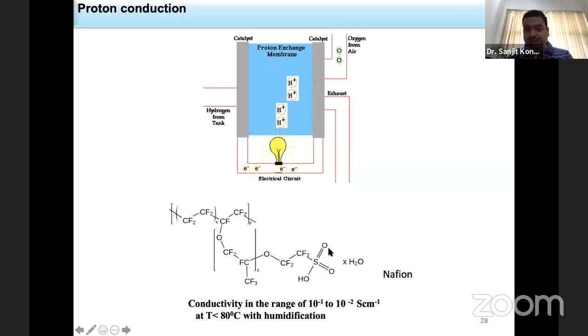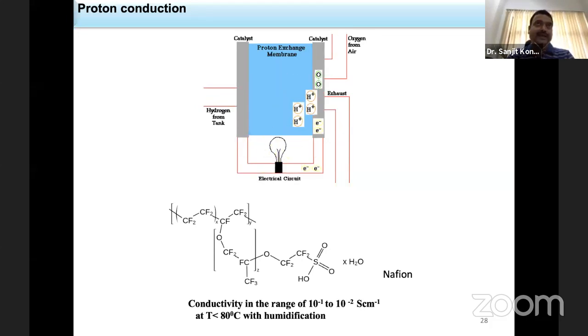But the problem with Nafion is that when temperature goes above 80 degrees centigrade, its performance starts deteriorating. And if you see its conduction level, just remember this number, 10 to the power minus 2 Siemens per centimeter. Any material having 10 to the power minus 2 and above, we say is a good or super protonic conductor.